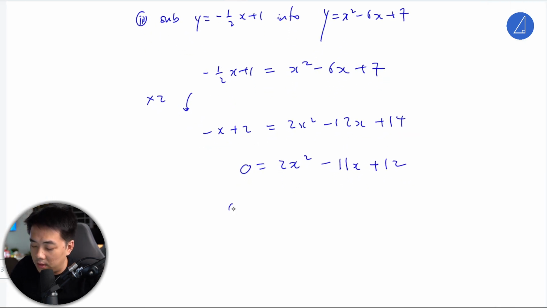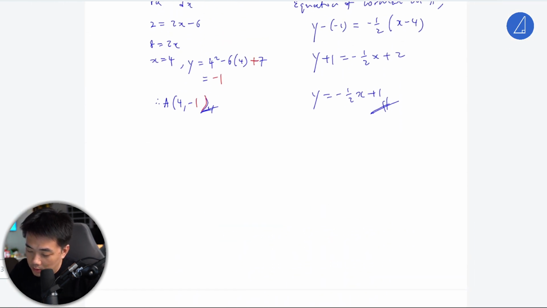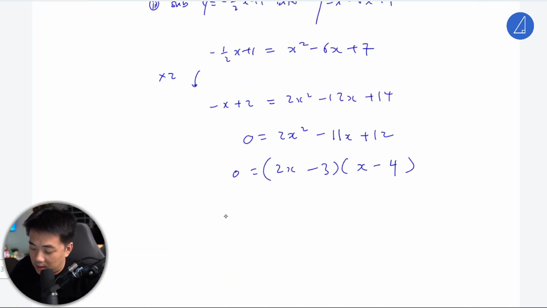Then factorising, we get (2x minus 3)(x minus 4) equals 0. So x equals 4 or 3 over 2.